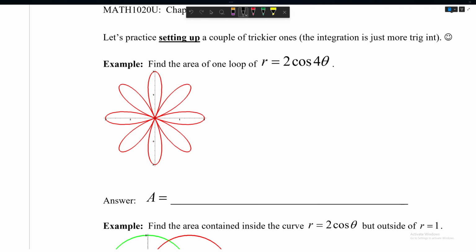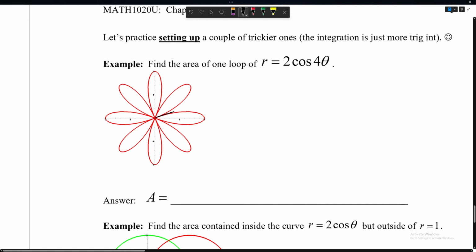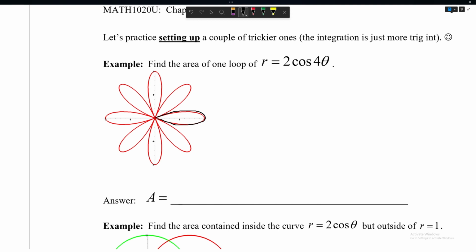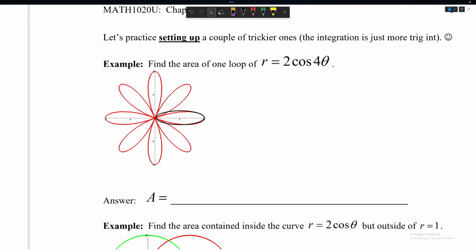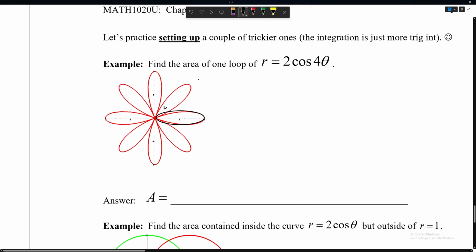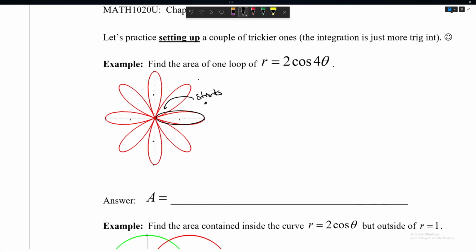One way we can find the theta to integrate over is if you look at this loop, your r starts and ends at the same point. You see it starts and ends at 0.